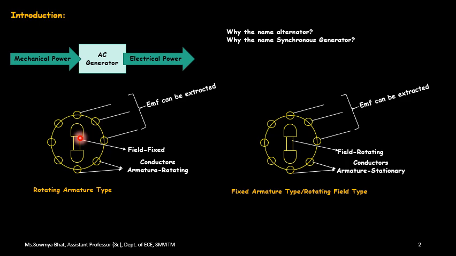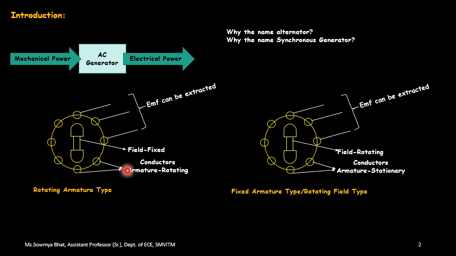Now if I want to categorize the different types of alternator or synchronous generator: if the magnetic field remains fixed and the armature conductors are rotating, we call it a rotating armature type of alternator.